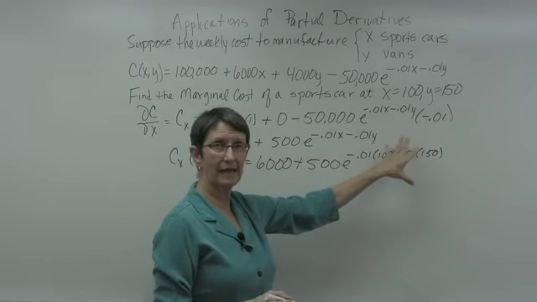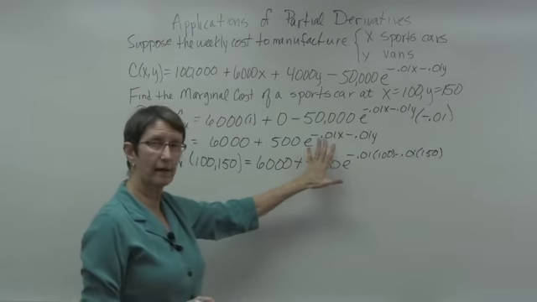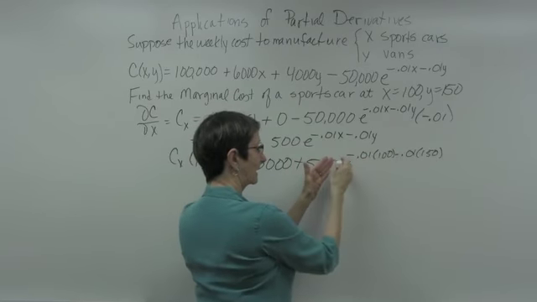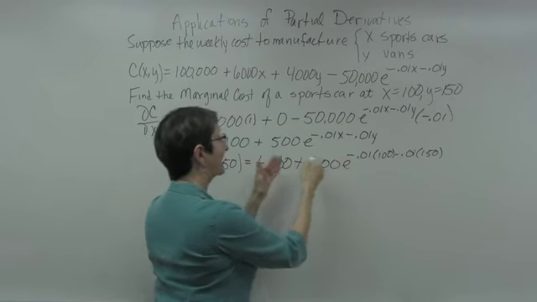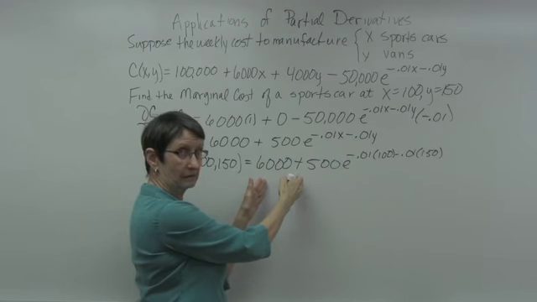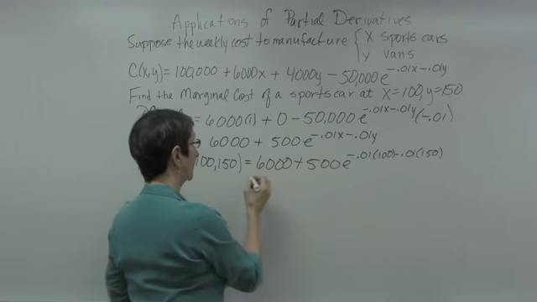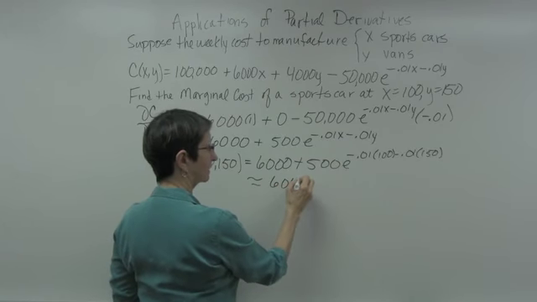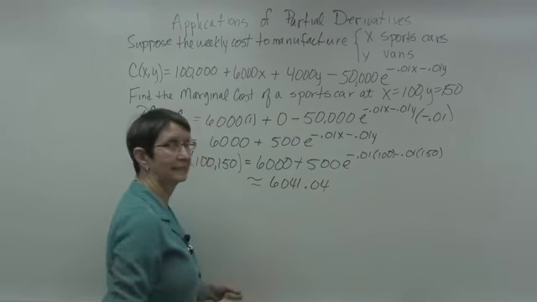You work all of those out, e to that power, multiply by 500, and then after you've done the e multiplied by 500, then you add the 6,000. That's a separate term. And this turns out to be about $6,041.04.